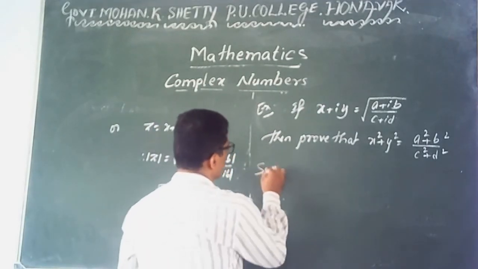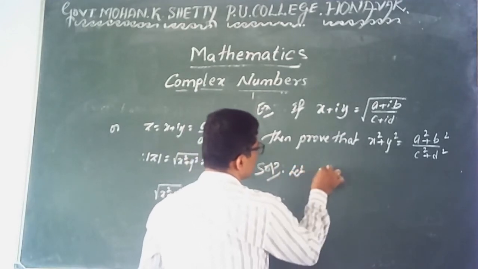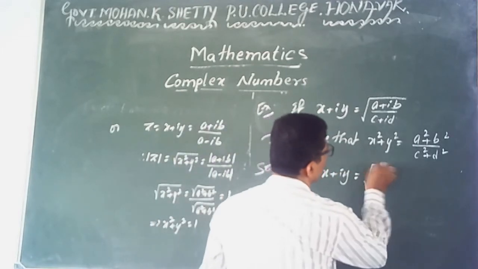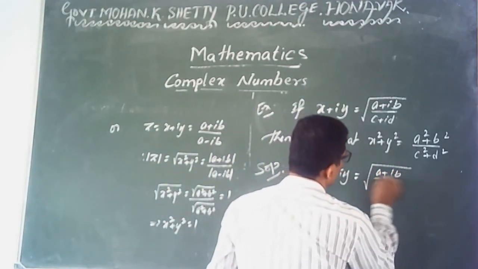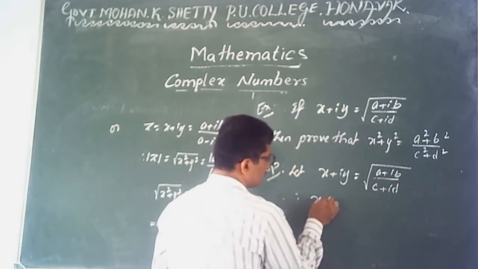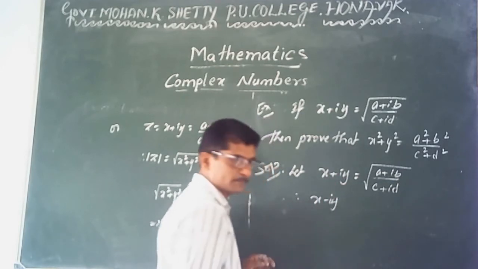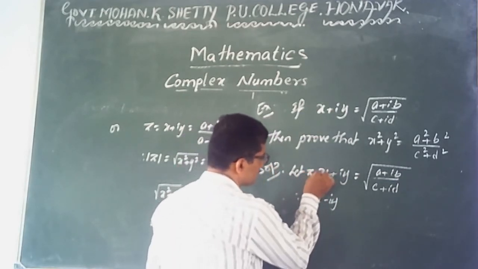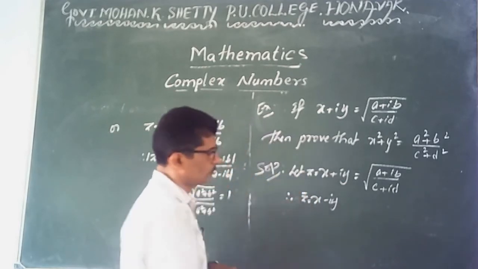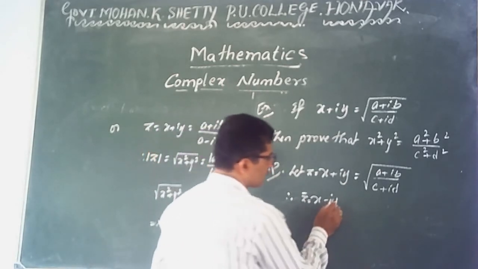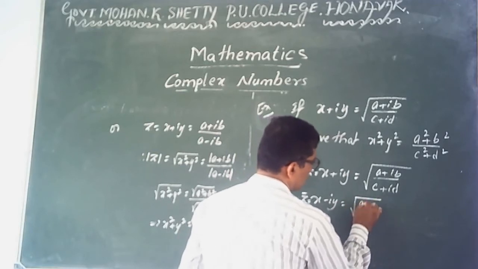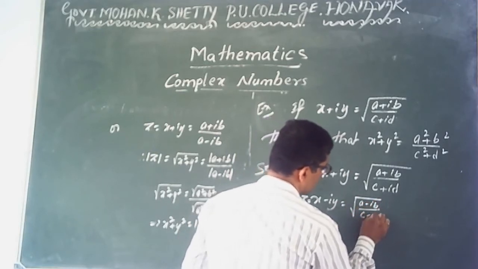Here also, the given complex number x plus iy means its value is equal to root of a plus ib divided by c plus id. Therefore, you write the conjugate of this number. This one is z, you write z bar is equal to x minus iy is equal to square root of a minus ib divided by c minus id.